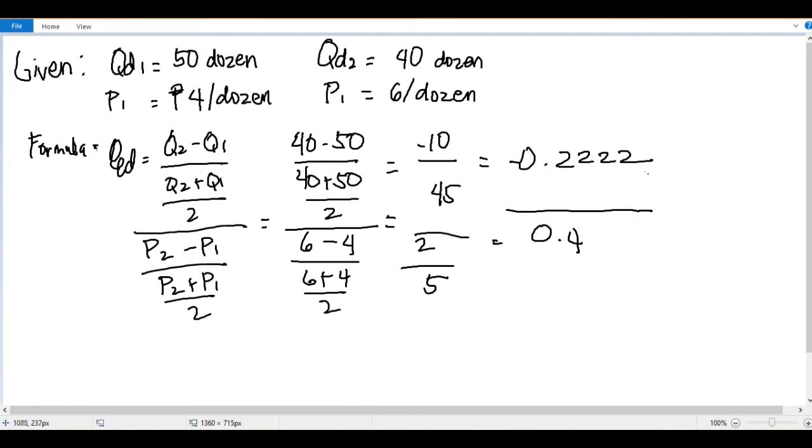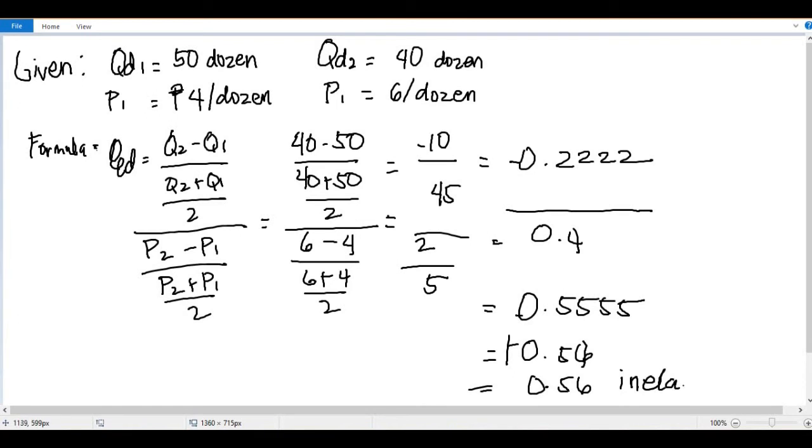Negative 0.22222 divided by 0.4 is equal to 0.5555, 0.56 if we round off to two decimal places. So this is negative; taking the absolute value, we get 0.56. This is less than 1, so this is inelastic.